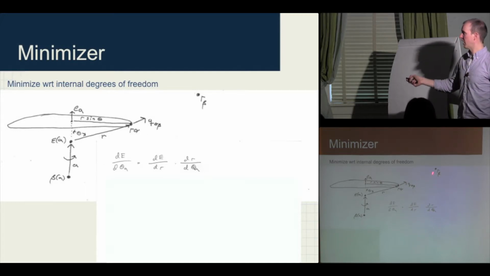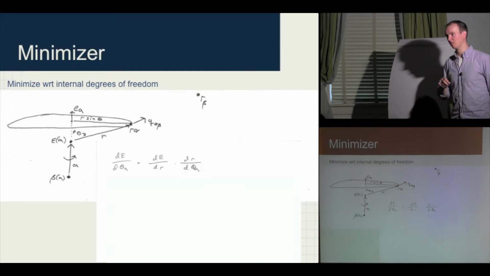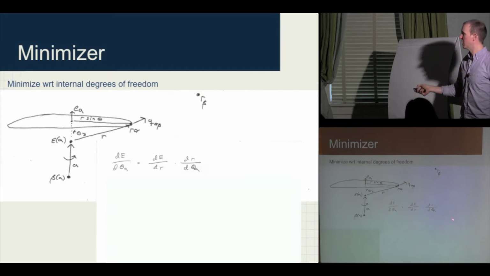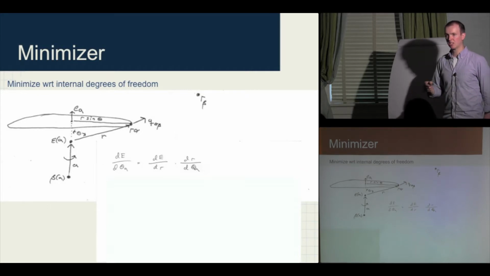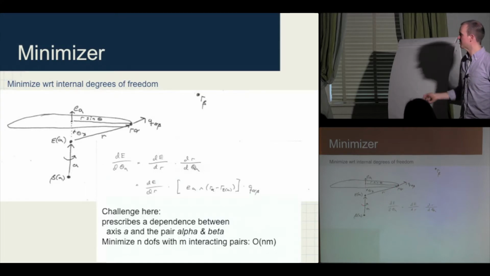So if we can evaluate our energy function, the derivative is a function of distance, and then multiply it by this term, then we get the derivative of the energy based on the rotation of this axis.